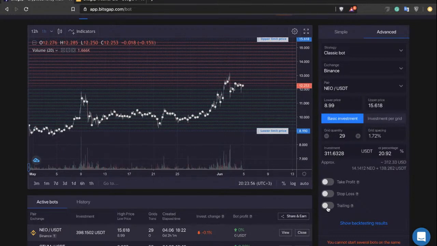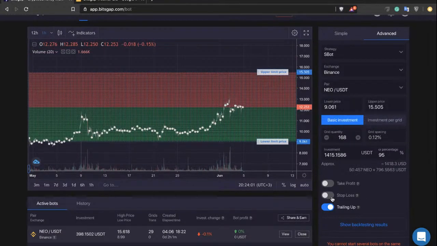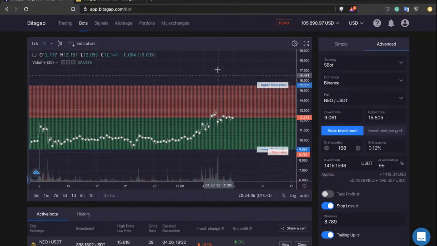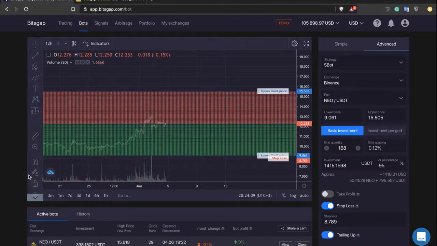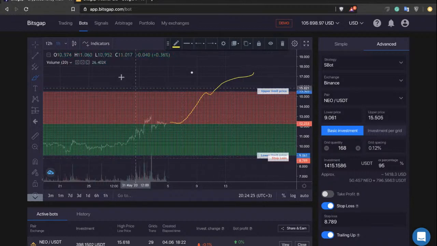When we have both the trading up function and the stop loss on, as the price keeps moving upwards, our trading range will also follow the price appreciation, as I explained when I was showing you the trading up mechanism. And the stop loss will follow the trading range. Basically, it's attached to the trading range and it will follow it.